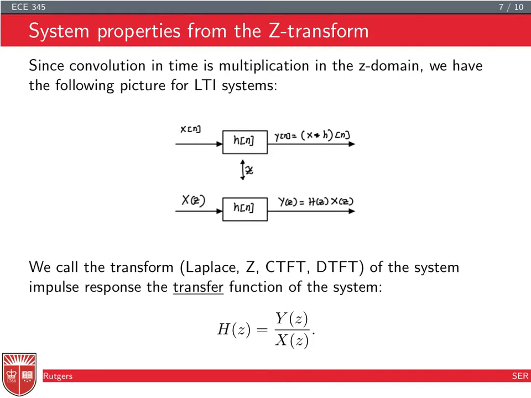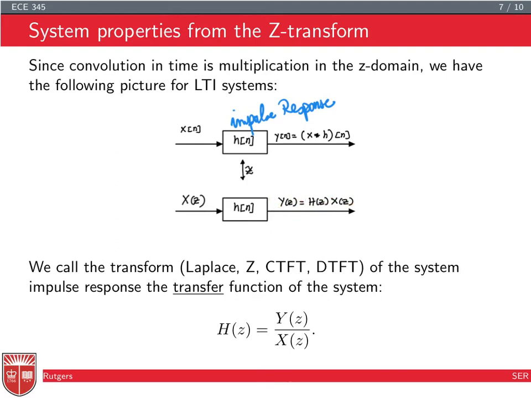So in the z domain, if you have an LTI system with an impulse response that is h of n, so this is called the impulse response, just to remind you, then the output of the signal is y of n, which is the convolution of x with the impulse response. And in the z domain, if the input has z transform x of z, then the output has a z transform y of z, which is h of z times x of z.